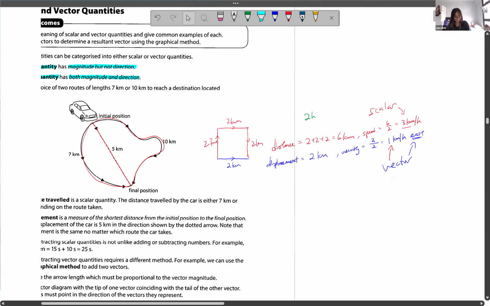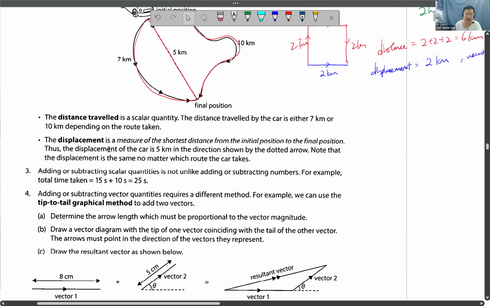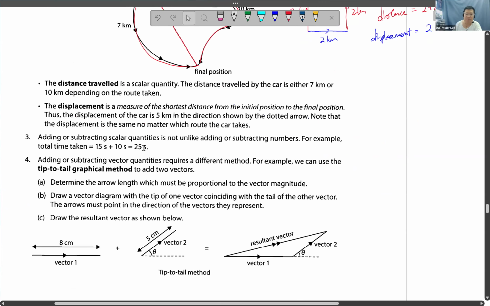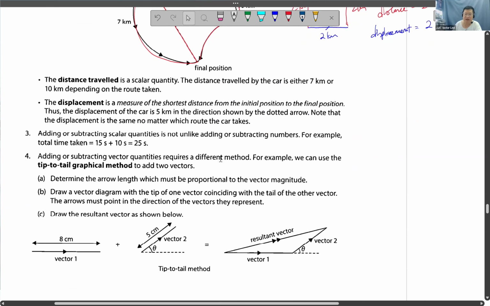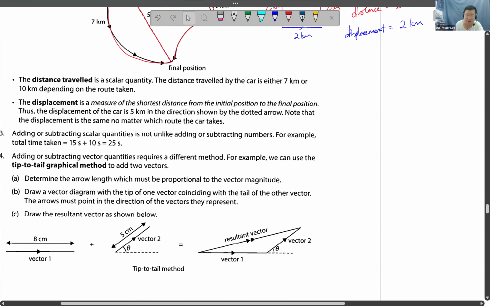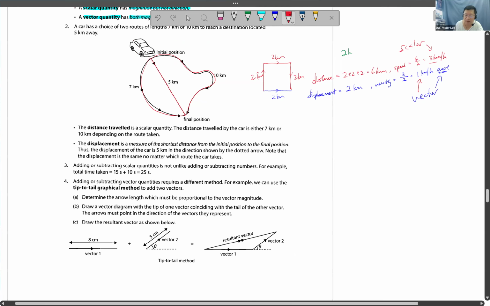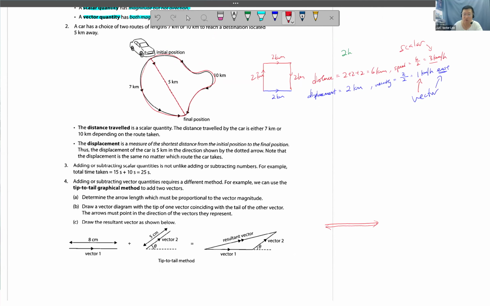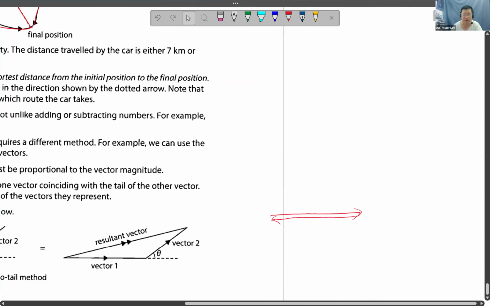Now, how do you add a plus and minus scalar? Very simple, just plus and minus, regardless of direction. But if you have a vector, then there's something called vector addition and subtraction. What do I mean? For example, if I move this way and then I move exactly the same way back, what is my displacement?